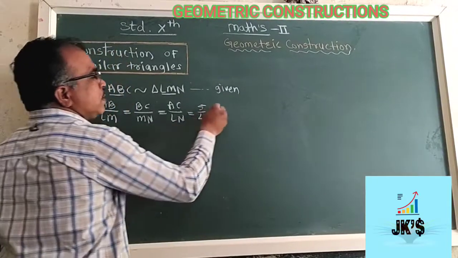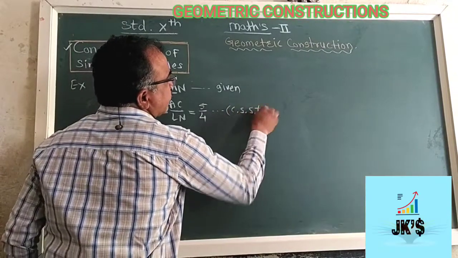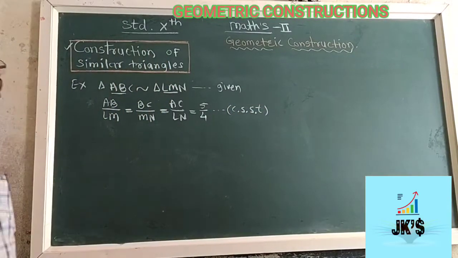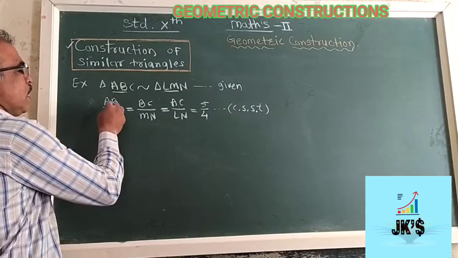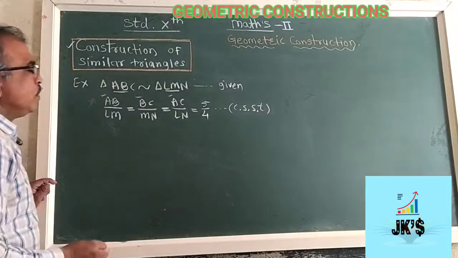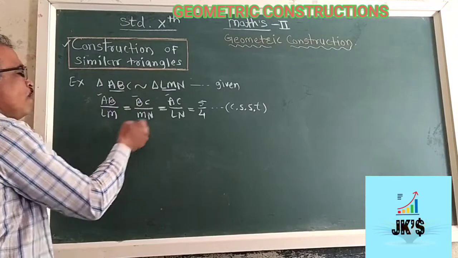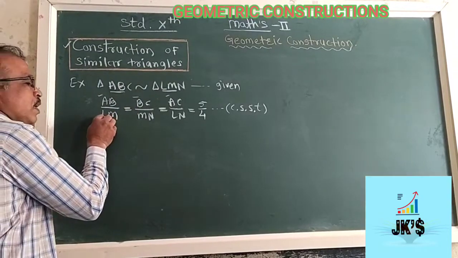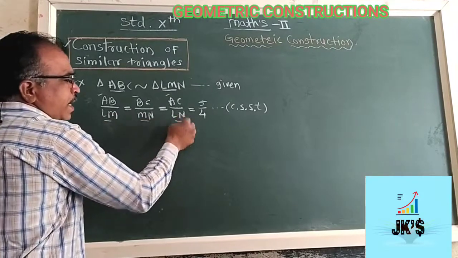The reason is corresponding sides of similar triangles. The lengths of AB, BC and AC are given, so we have to find LM, MN and LN.